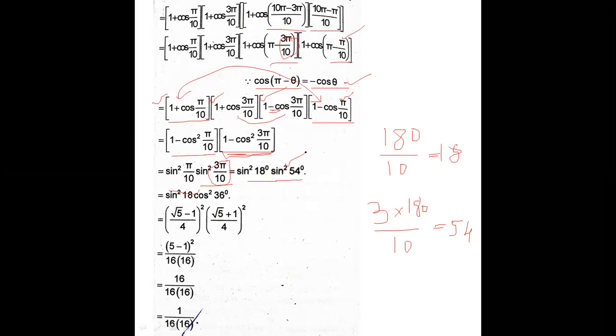Instead of writing 54, what if I write 90 minus 36? Sine square 90 minus 36. Can I? Yes, I can write it.